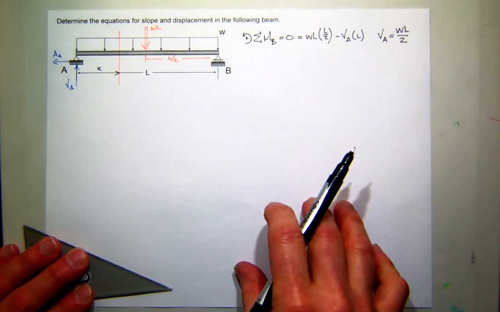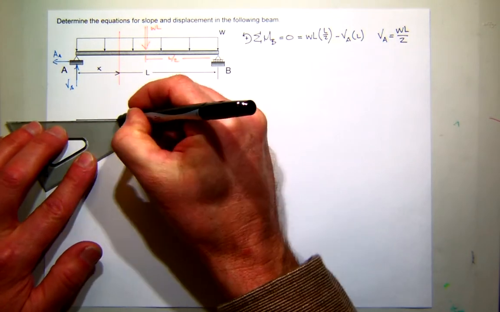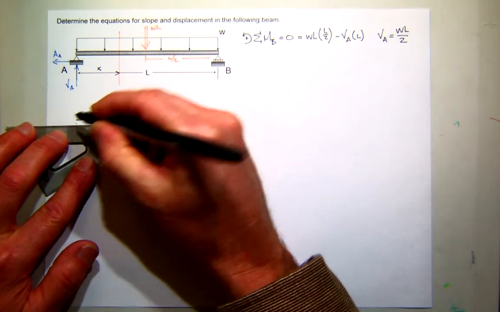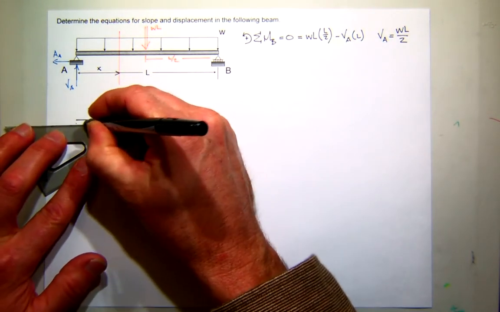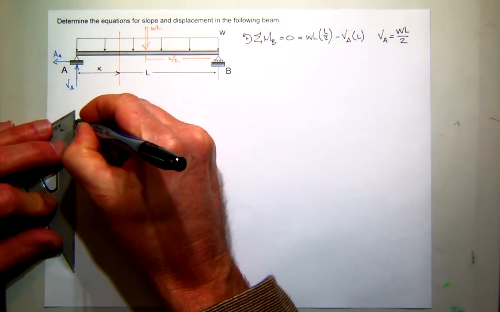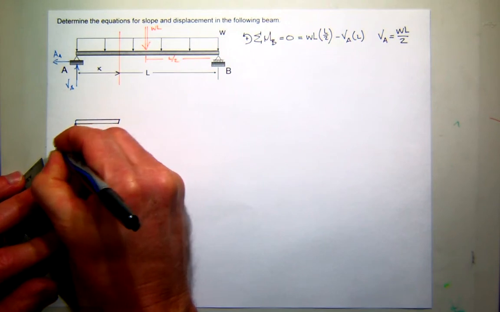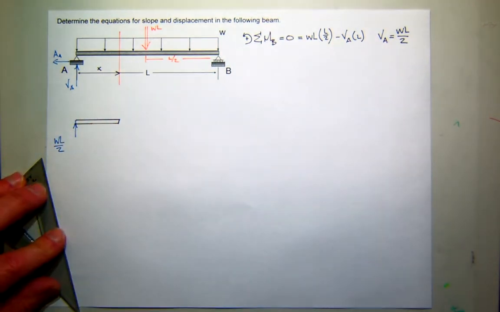Okay, so now I'm going to draw a free body diagram of this side, just like we've done before. And I'm going to put on that I've got this shear force of WL over 2. What else do I have?